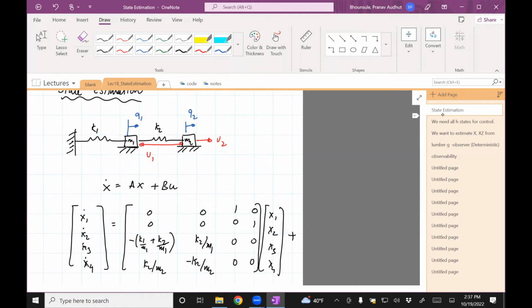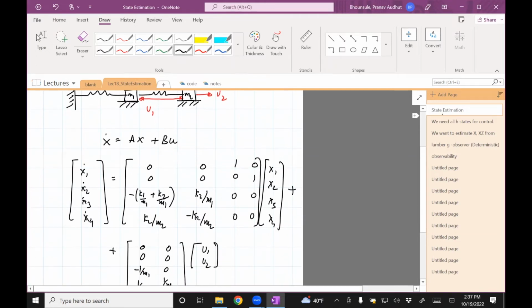If K2 becomes less and less stiff, then M1 will stop moving, right? Because there's no interaction. And so you will not be able to estimate Q1 and Q1 dot based on Q2. That's because this coupling term goes to 0, so the systems are not coupled and you cannot observe it.